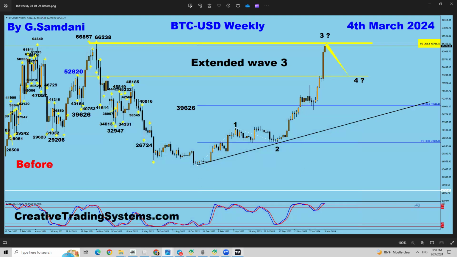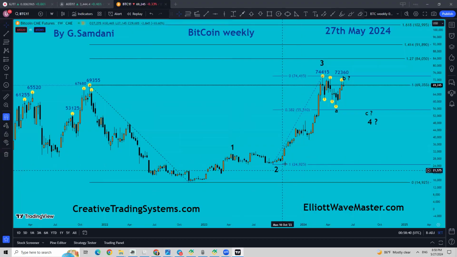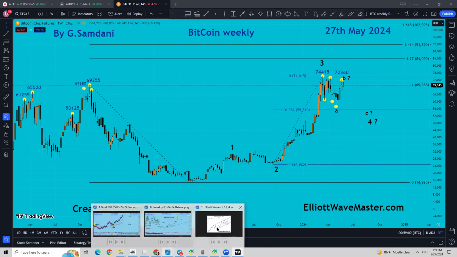So now you can see here, this is wave 1 and 2, and we end up wave 3 here, just above this high. Then we came down here in ABC fashion, so A, B, C, that's A, I would say. Then we went up. Now maybe we are posting wave B. Now wave 4 usually comes in 3 corrective waves like this.